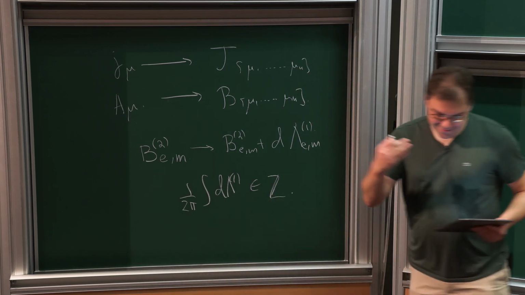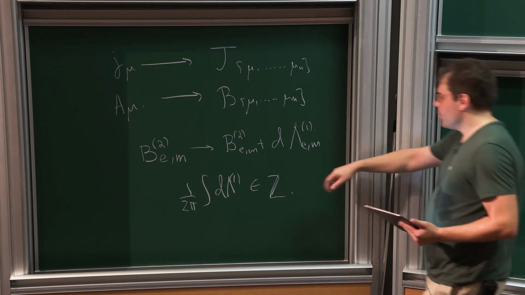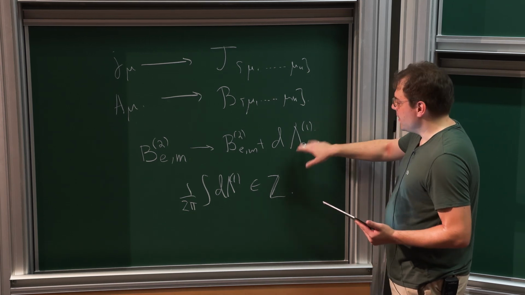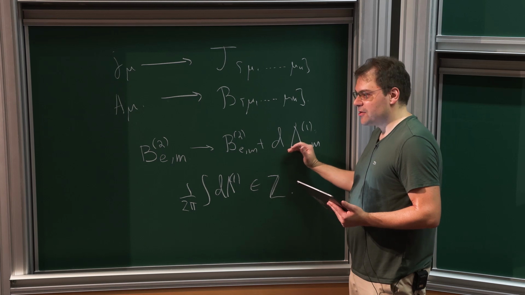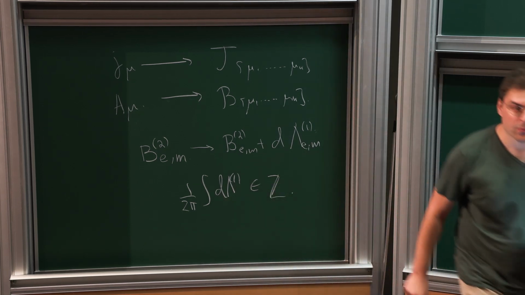Remember that the gauge transformations for an ordinary U1 connection involved an angle-valued gauge parameter, a scalar that was 2 pi periodic. This is the one-form higher version of that. This is a one-form gauge parameter, and the analog of being 2 pi periodic is that this thing is actually a U1 connection with quantized fluxes. Okay?